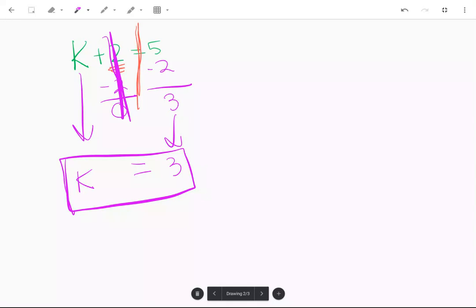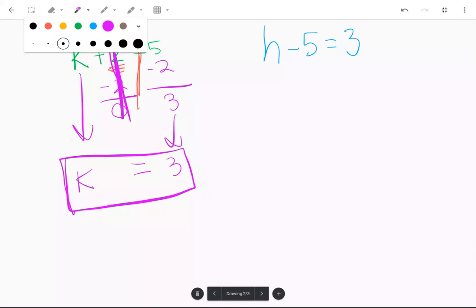Okay, so let's try another one. Let's make this one a subtraction equation. You can have any letter as your variable, so I'm just going to go with h. Let's do h minus 5 is equal to 3. Again, we have two different sides of the equation.